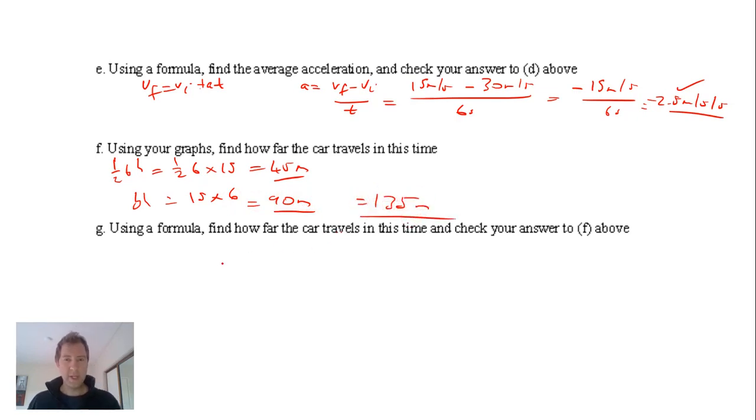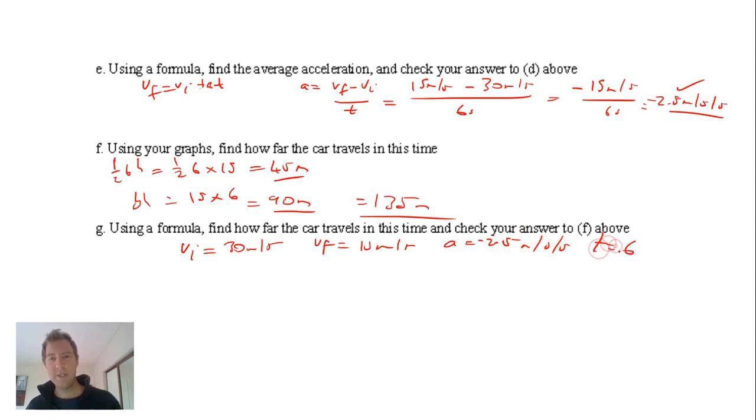All right, using a formula, I've got my initial velocity 30 meters a second. I've got my final velocity 15 meters a second. I've got my acceleration negative 2.5 meters per second squared. Got my time equals 6, and I write out displacement as the thing I want to know. There's a number of formulas you can use.